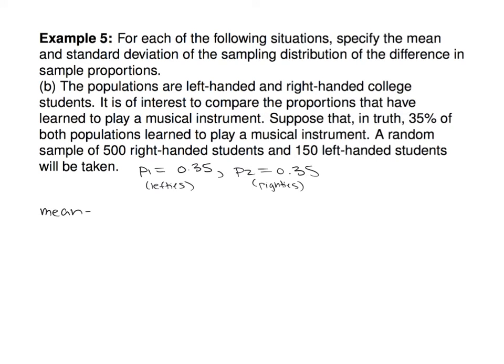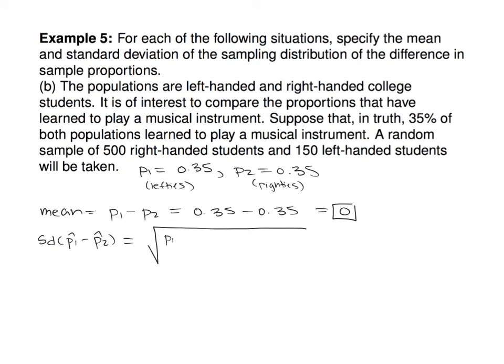The mean is P1 minus P2, or 0.35 minus 0.35, which comes out to be 0. The standard deviation of P1 hat minus P2 hat is the root of P1 times 1 minus P1 over N1, plus P2 times 1 minus P2 over N2.